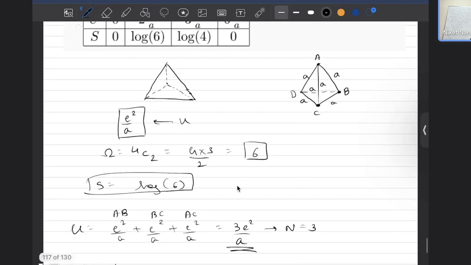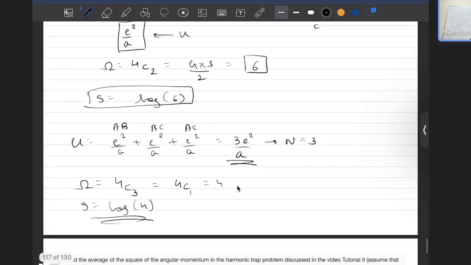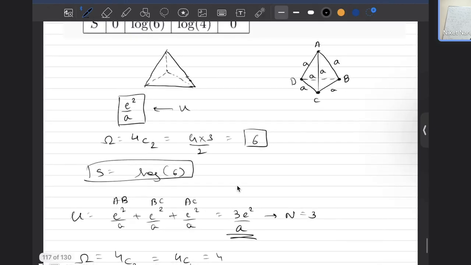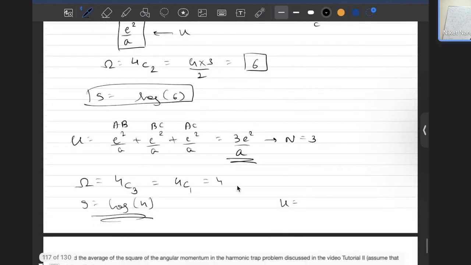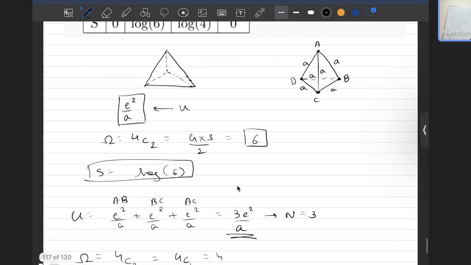And now when all four corners are occupied with charges, in that case I have U equal to E square by A for each pair: AB, BC, CD, AD, AC, BD.